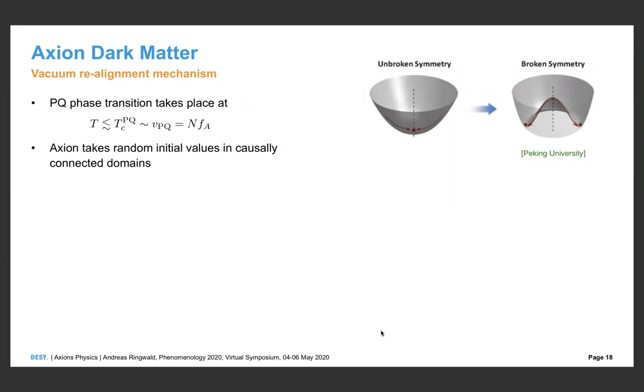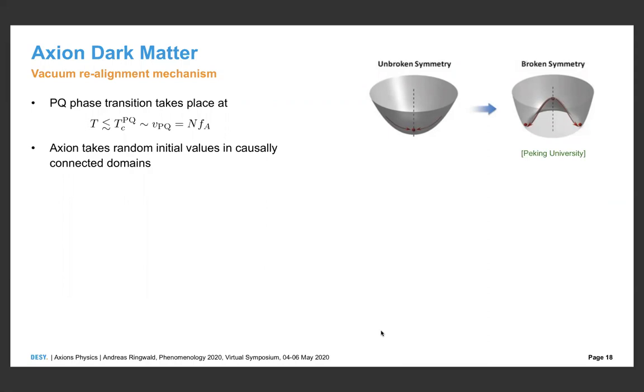This was very rapidly excluded experimentally, and then invisible axion models with an extra complex singlet were introduced. First it was thought that this could evade all the limits from experiments, and also get very strong constraints from astrophysics and so on.